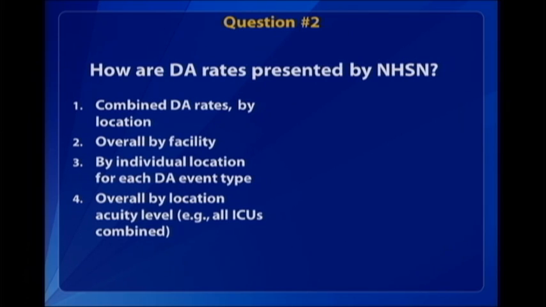So one rate for all of your ICUs combined, one rate for all of your wards combined. And the polling is open, but it's not taking it. It's closed. Okay. All right.